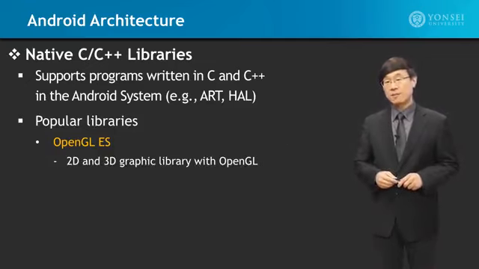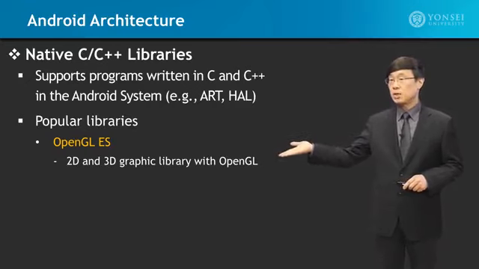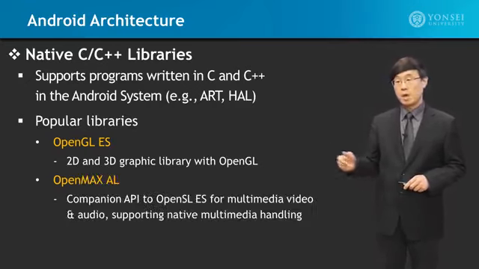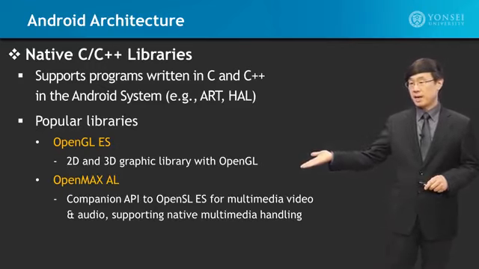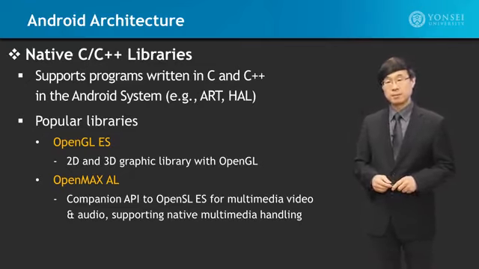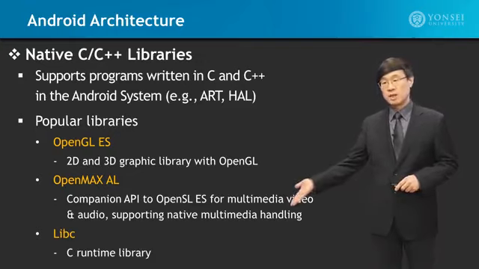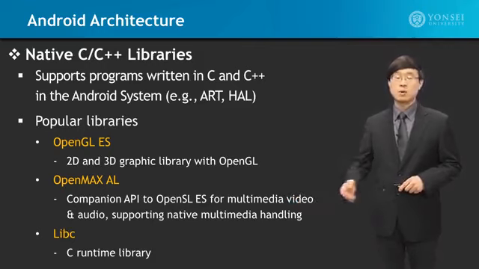GL stands for Graphic Library, and ES stands for Embedded Systems. 2D and 3D graphic library with OpenGL is supported. OpenMAX AL. This is a companion API to OpenSL ES for multimedia video and audio supporting native multimedia handling. In addition, the libc. This is the library C, which is a C runtime library.